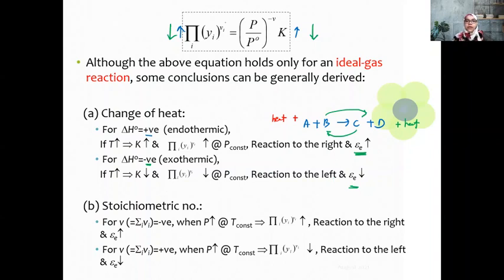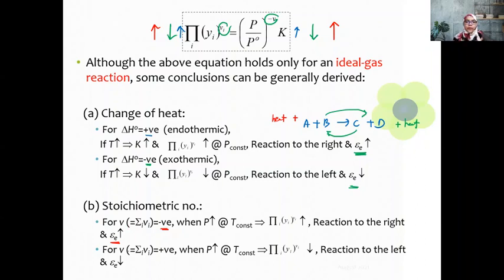So next is based on the stoichiometric number, because we have also introduced the stoichiometric number in this expression. Okay, if the stoichiometric number is negative, then when we increase the pressure, the mole fraction also increases, and the reaction goes from left to right, and we also increase the equilibrium conversion.